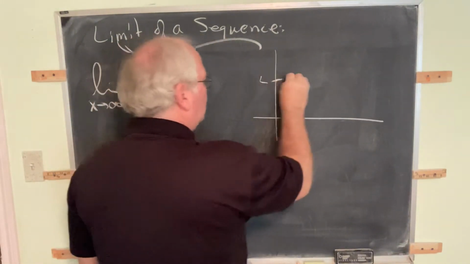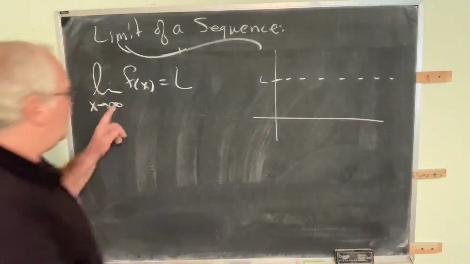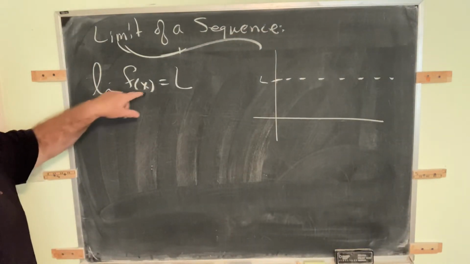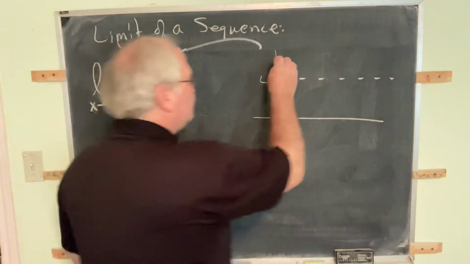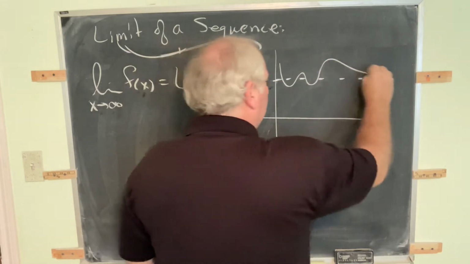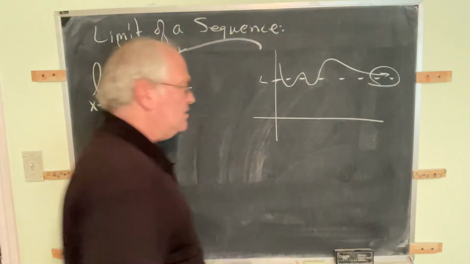If this is L, if a function, this is a continuous function, if x goes to infinity, f of x is equal to L, what we mean is the curve, it might be doing anything in here, but the curve eventually approaches the asymptote.